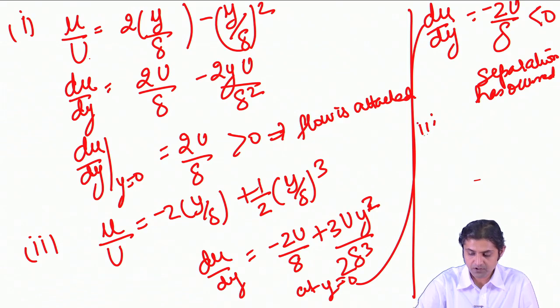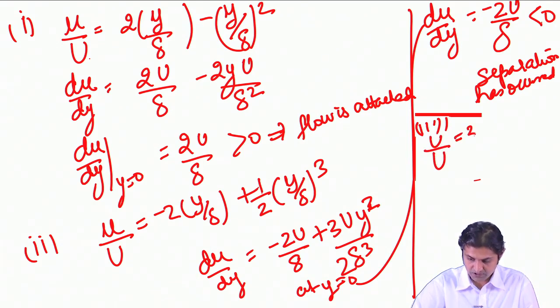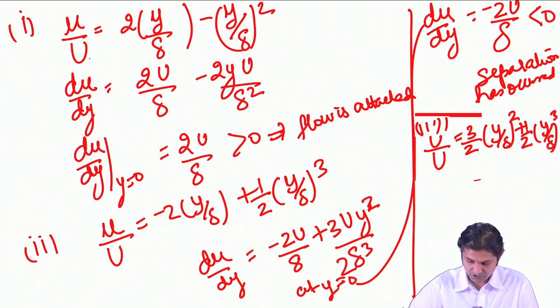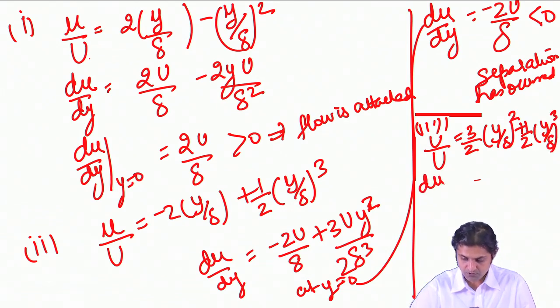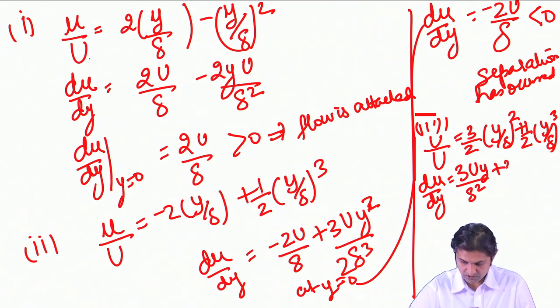In the third problem, u/U is 3/2 (y/delta) whole square plus half (y/delta) whole cube. So this du/dy is going to be 3U y/delta squared plus 3U y squared by 2 delta cube.